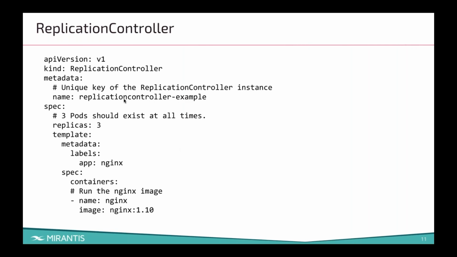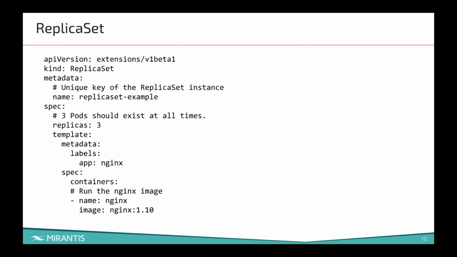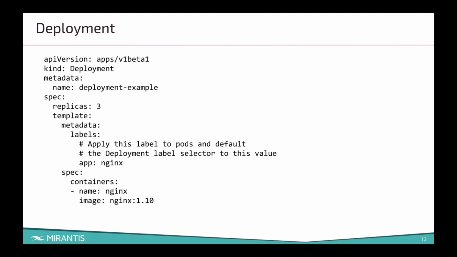Replication controller, you'll notice a replication controller and the replica set are virtually identical, except for the kind and the API version, and of course the name, but the name is arbitrary. So, okay. All right.